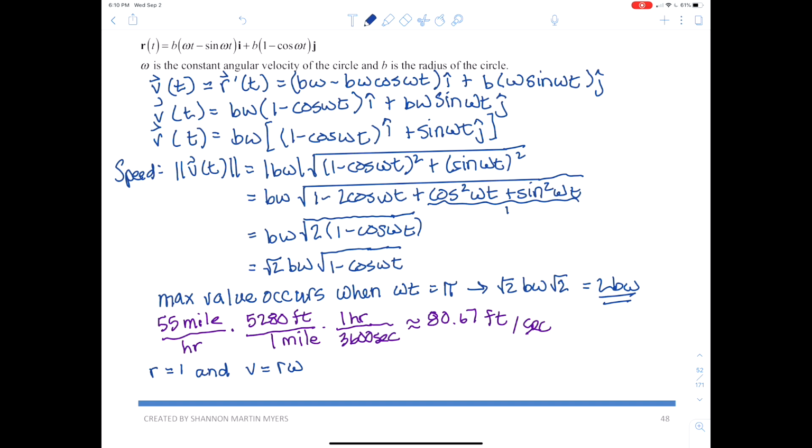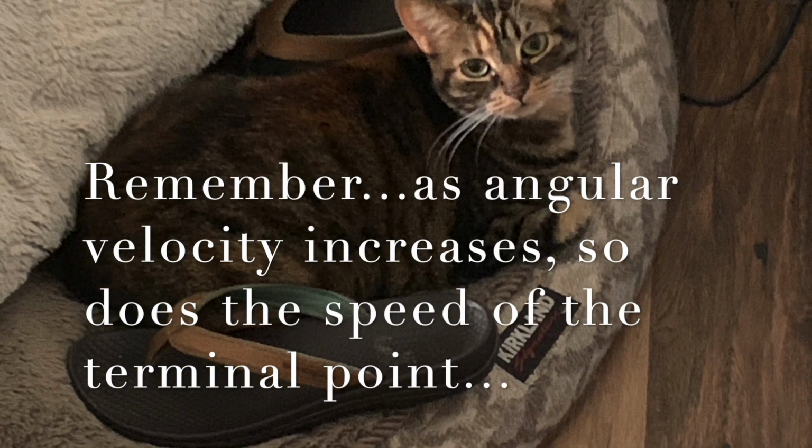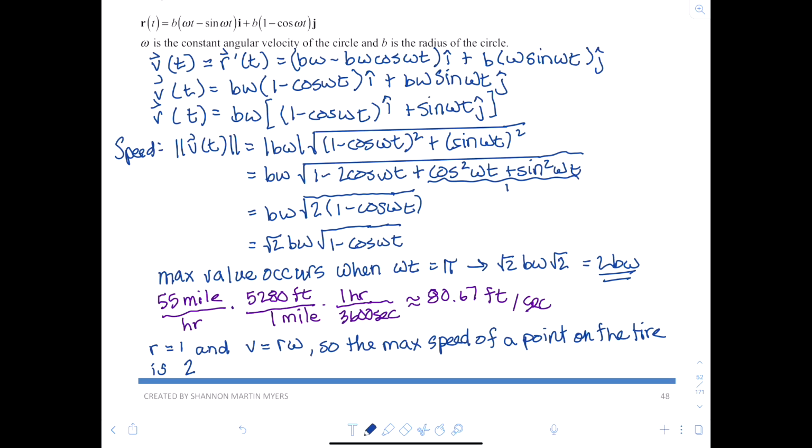So the max speed of a point on the tire is going to be two times b times omega.